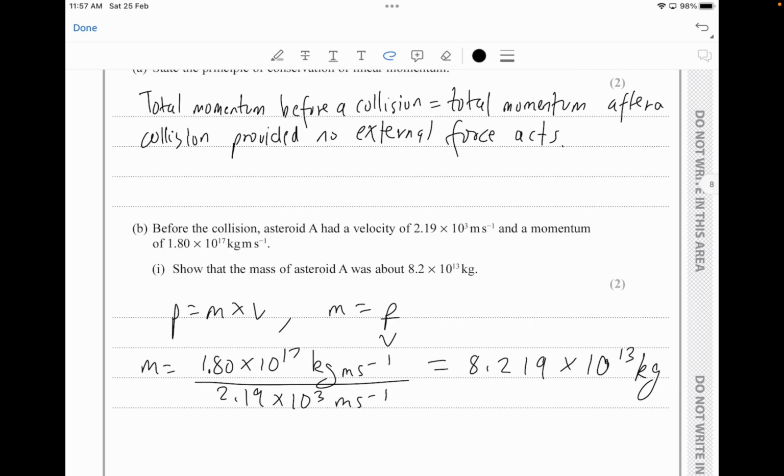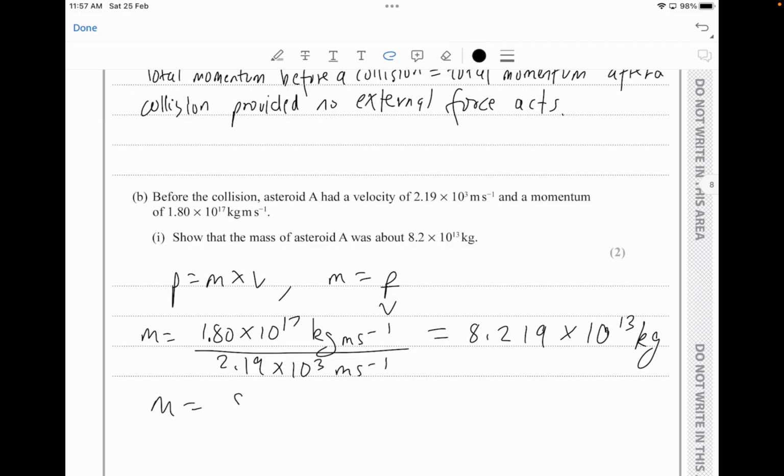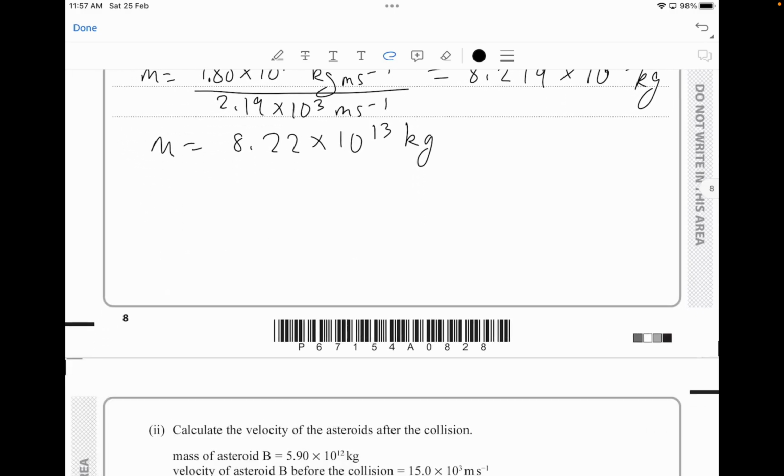Now we have to round this off. So mass is equivalent to 8.22 times 10 raised to the power of 13 kilograms. This is the answer for about 2 marks. Showing your formula gets you one of the marks, and showing your final answer gives you the other mark. Show your calculation as well. It really helps. Alright, let's move on to the next question.